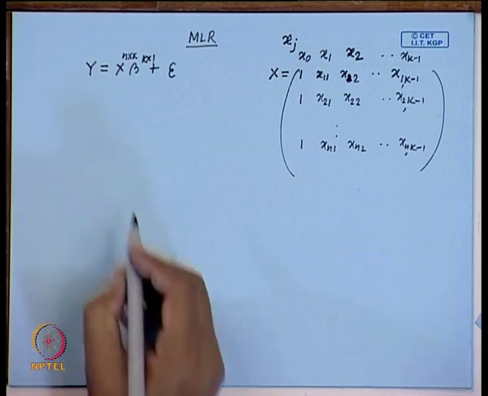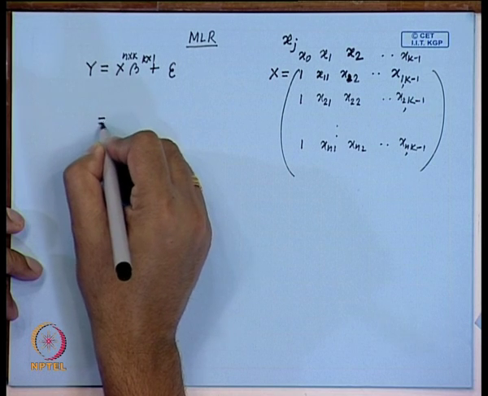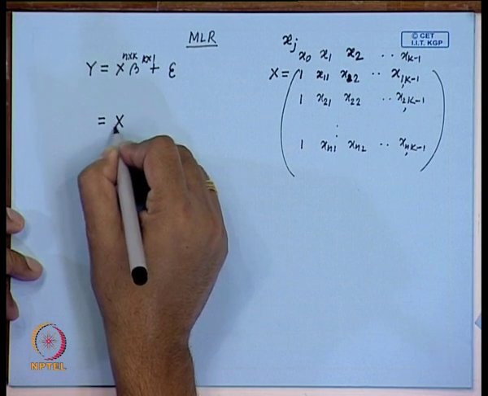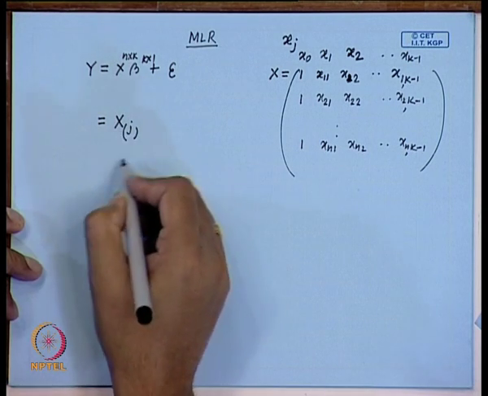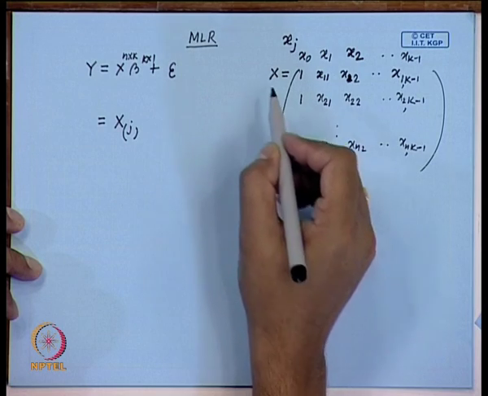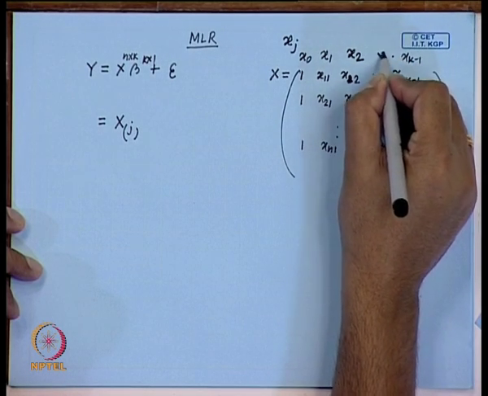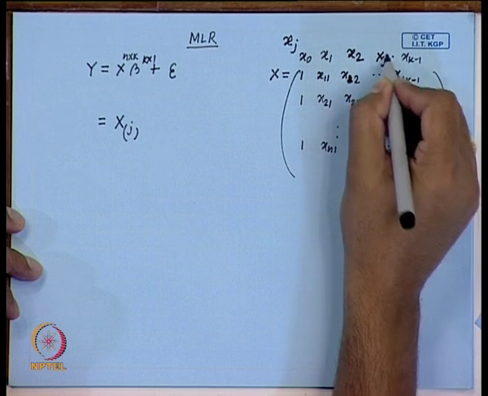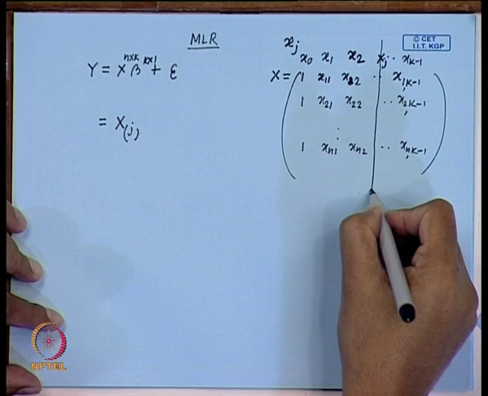Well, what I want to do is break it into two parts. One is X_j, which is the X matrix except the jth column. So, I want to remove the jth regressor from this matrix.